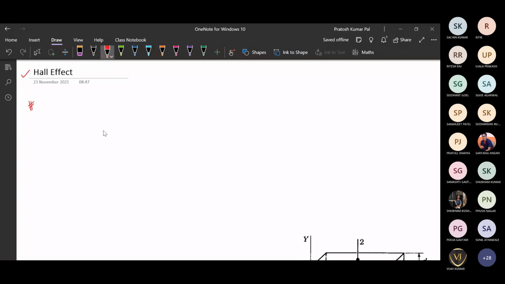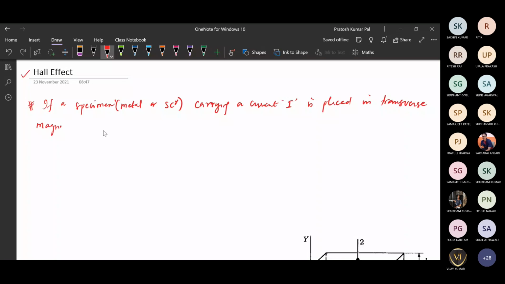So the Hall effect is: if a specimen, that is a metal or a semiconductor, which is carrying a current I, is placed in a transverse magnetic field, that is B, then an electric field E will be induced.